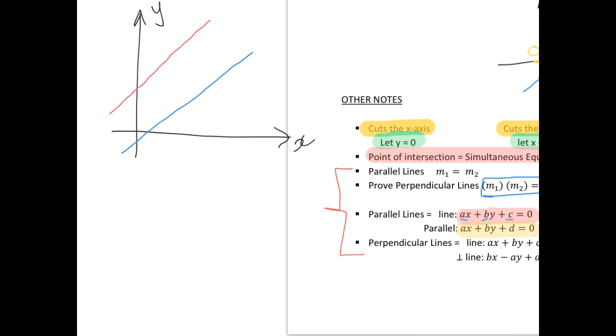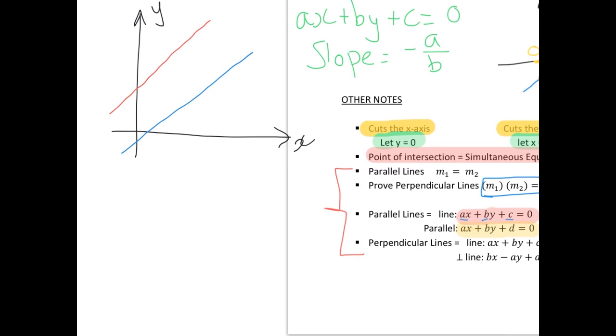In order for them to have the same slope, we need to have a and b to be the same number in both cases, because you remember that if you have ax plus by plus c equals 0, the slope is equal to minus a, the number in front of x, divided by b, the number in front of y.